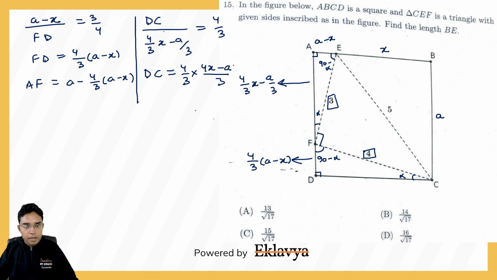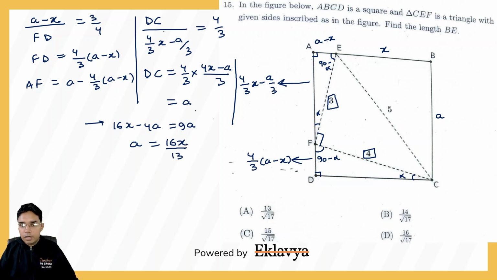So from this, DC comes out to be 4 by 3 into (4x minus a by 3). Now this DC is also a side length of this square, so this will be equal to a. Solving it, we will get 16x minus 4a is equal to 9a, which gives us a equal to 16x upon 13.